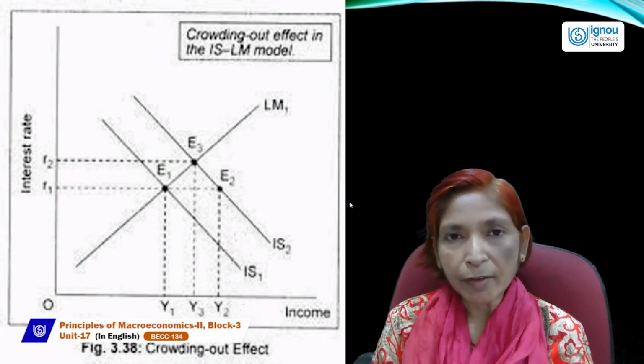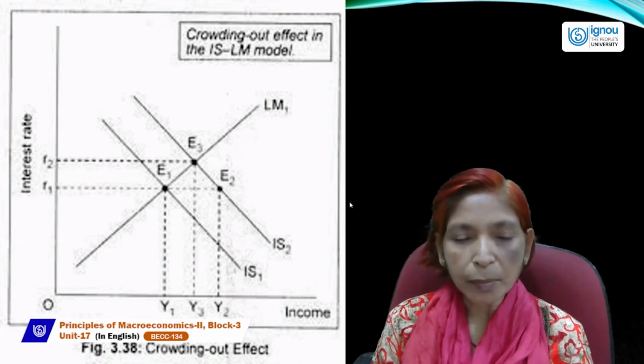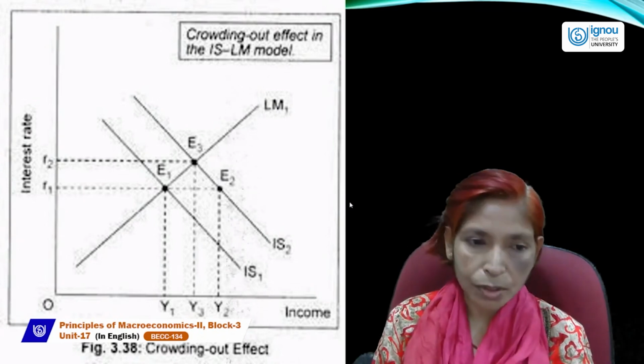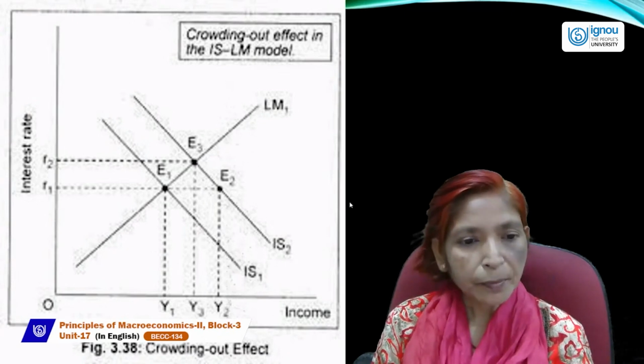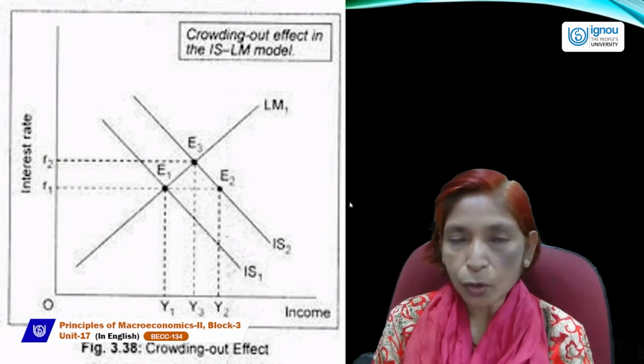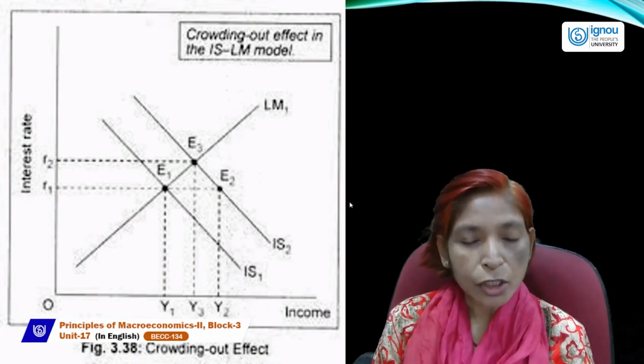It will reduce private investment spending, and due to the fall in private investment spending, income level will also not rise by the multiplier effect. This is the situation of crowding out effect.